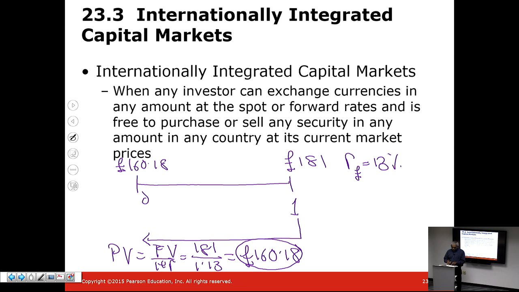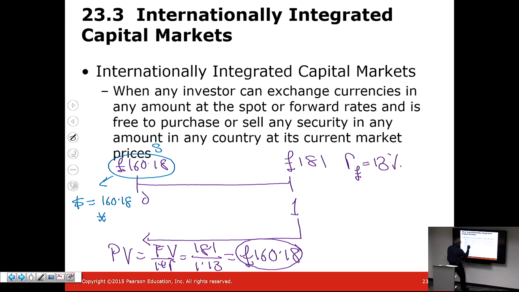If you are a US investor and you want to invest in this stock, how much would you pay today? You have to buy this stock in US dollars. In US dollars, your investment would be 160.18 multiplied by the spot exchange rate.